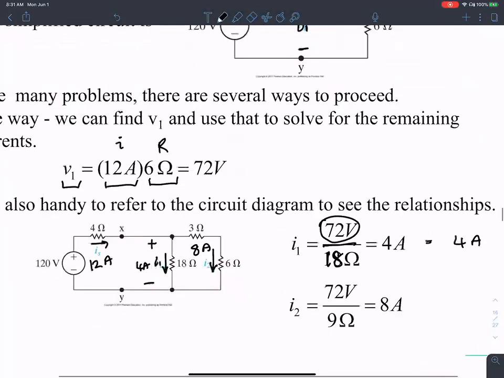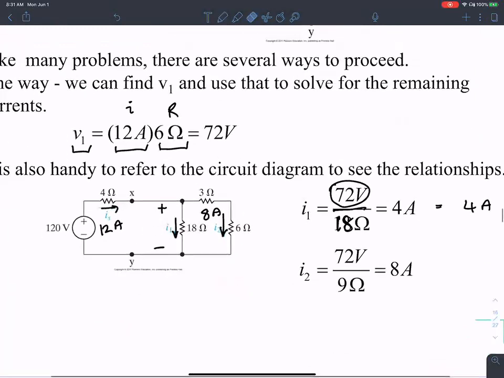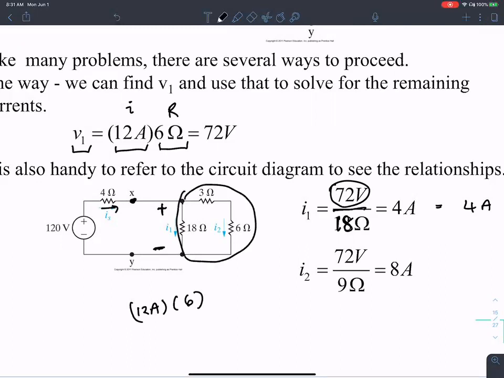All I have done is to look at the voltage drop across these two terminals, which is simply the current times the equivalent resistance. The current is 12 amperes, and the equivalent resistance of those two of the overall circuit here is 6 ohms. So it gave me a total of 72 volts.